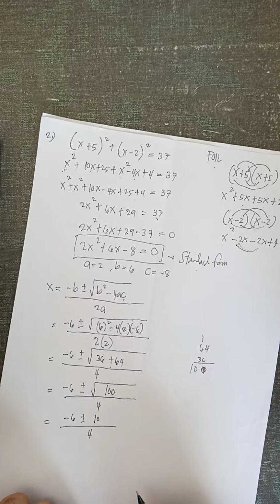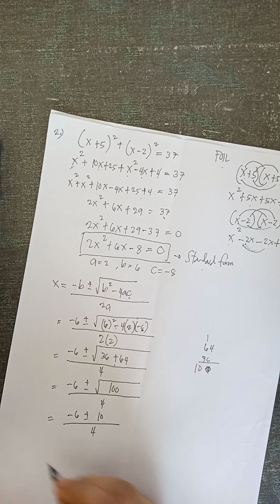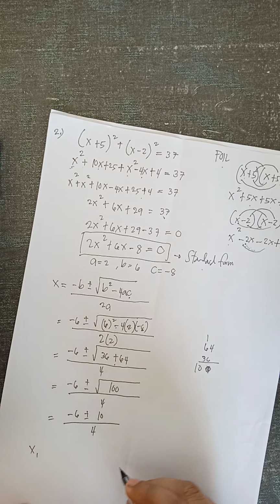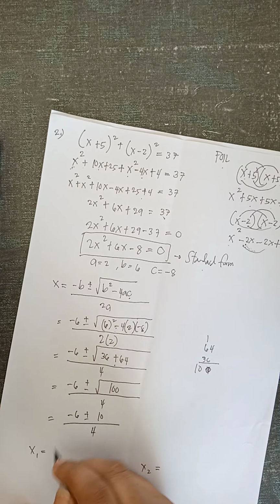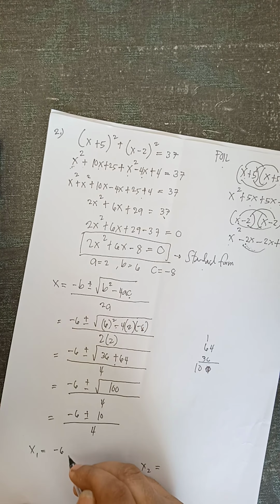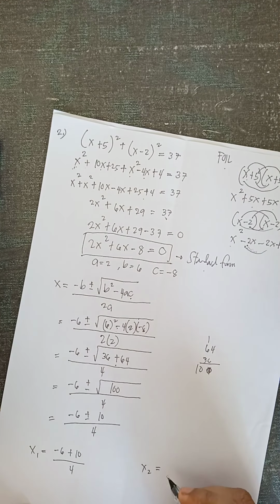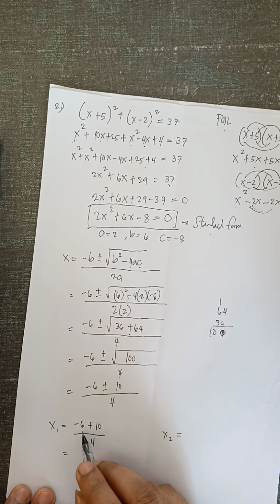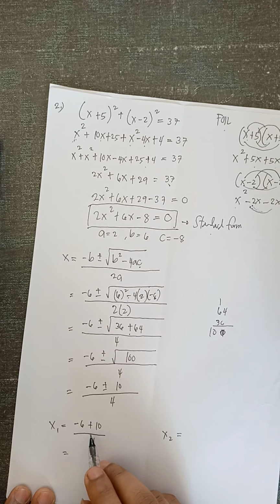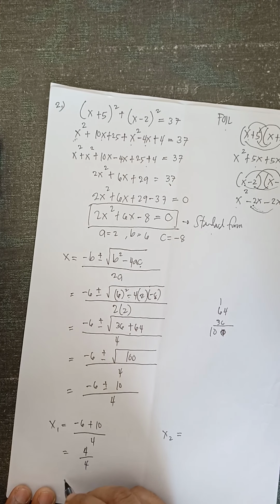So there are two roots of this given standard form: x sub 1 and x sub 2. For x sub 1, we have negative 6 plus 10 over 4. Negative 6 plus 10 is 4, so 4 over 4.